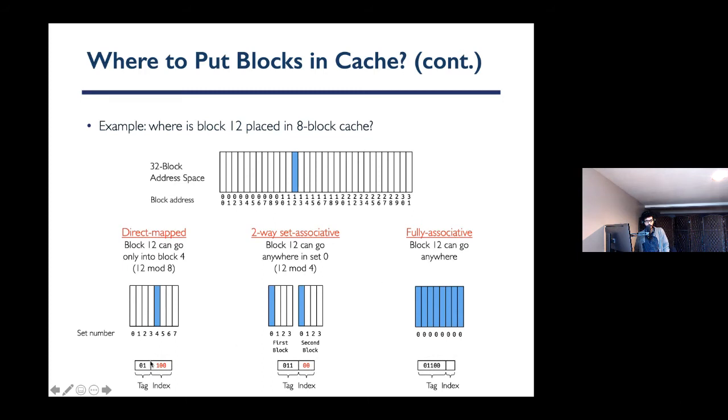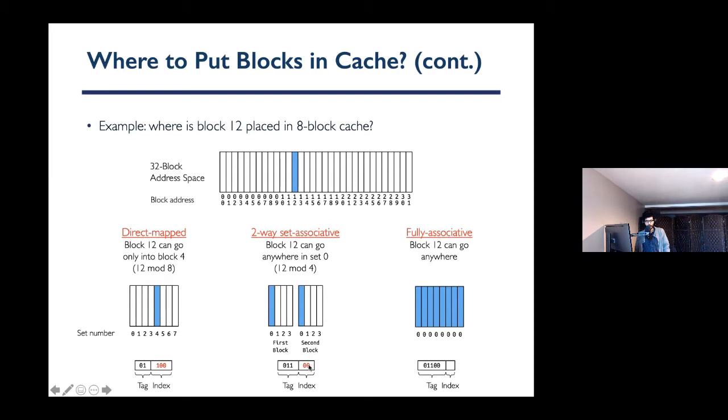For this one, I have 8 sets, so that would be 3 bits. So 3 bits I know about, I don't need to care. And I just look at the rest of the address, the 2 bits for my tag. In two-way set associative, I have 4 sets, that's 2 bits.